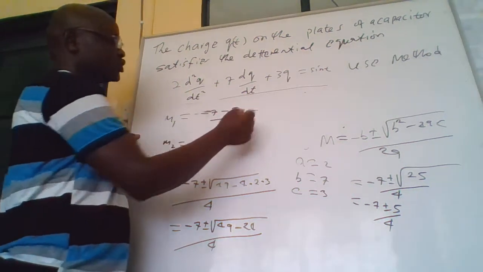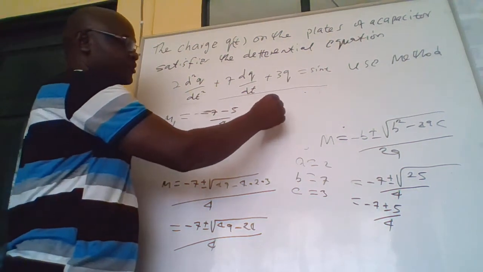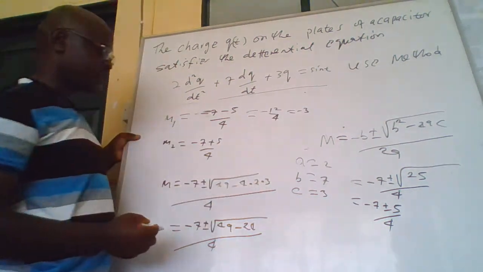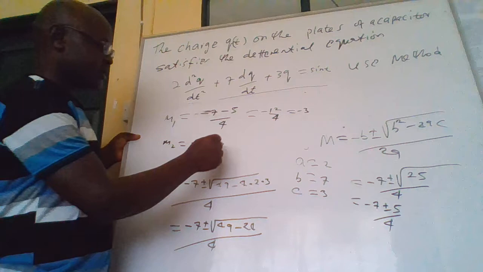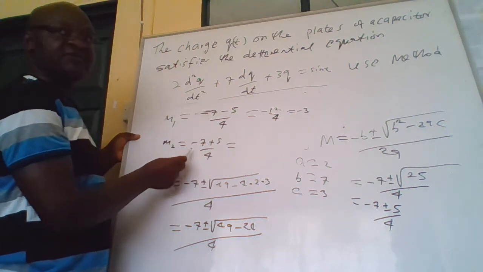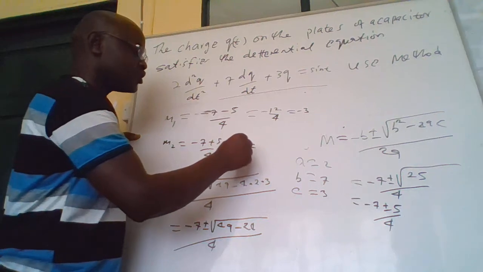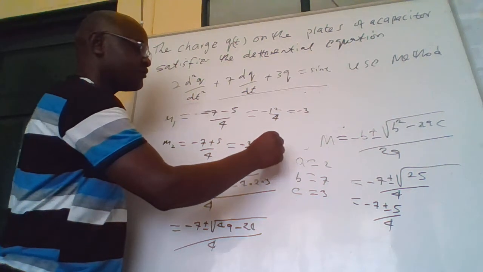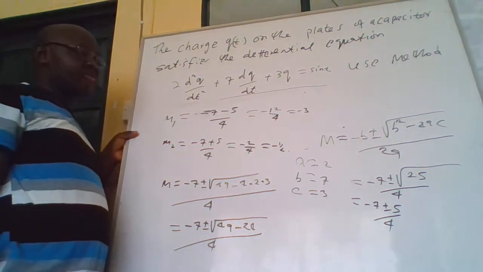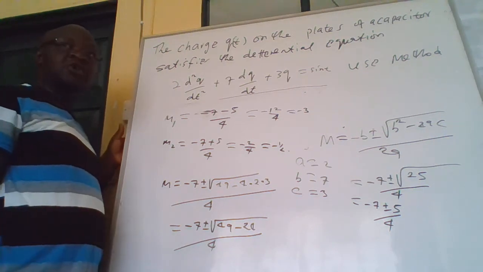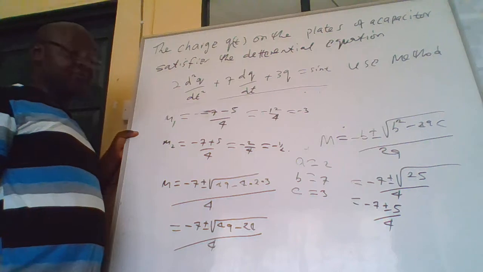So M1 equals -12/4, which equals -3, and M2 equals -2/4, which equals -1/2. Therefore, these are the two values of m.